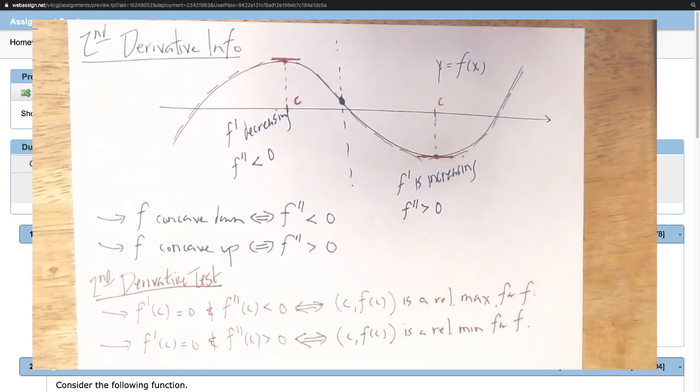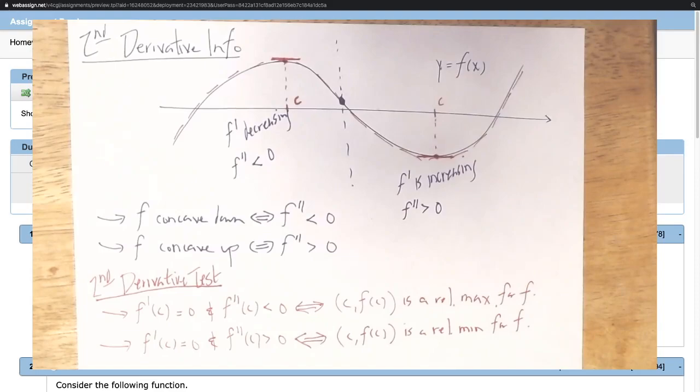Now there's one caveat here. We've talked about when f double prime is negative and f double prime is positive. What if f double prime is exactly equal to 0? Well, in that case, the second derivative test just doesn't tell us anything. It may be a max, it may be a min.